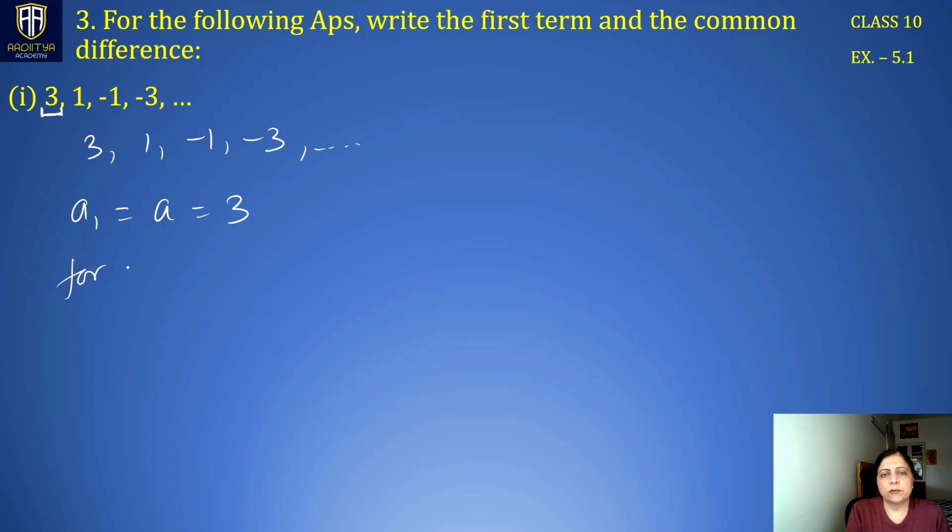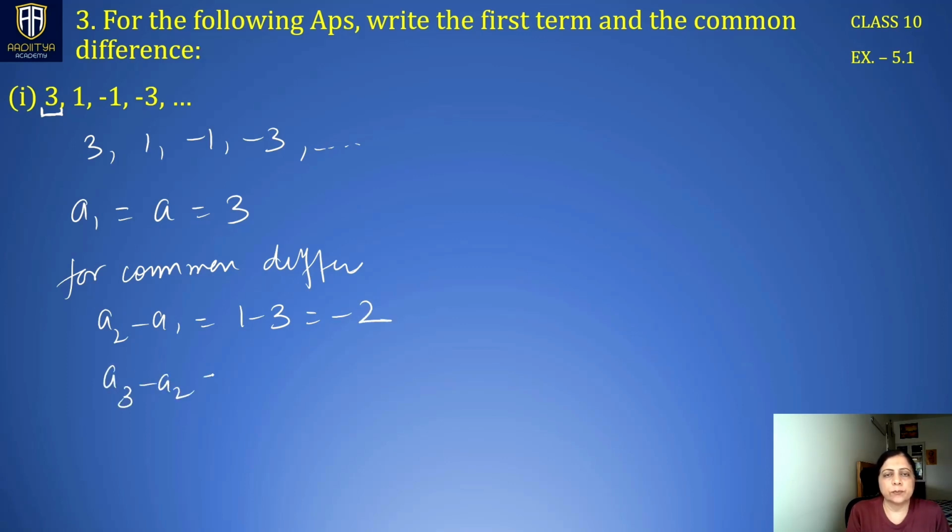And for common difference, it is a2 minus a1. 1 minus 3, that is minus 2. And you can cross check this, a3 minus a2. This is minus 1 minus 1. This is minus 2. So the first term is 3 and the common difference is minus 2.